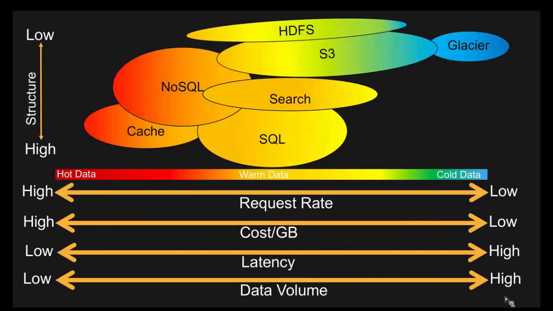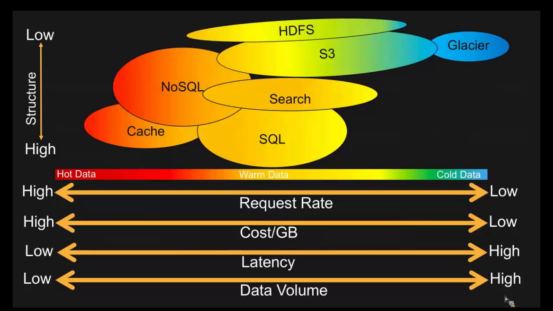What I've done here is, on the left top, you have low to high data structure. For example, stuff you put in HDFS or S3 is low, versus stuff you put in SQL or search is higher. Below, I've put various request rates, cost per gigabyte, latency, and data volume.